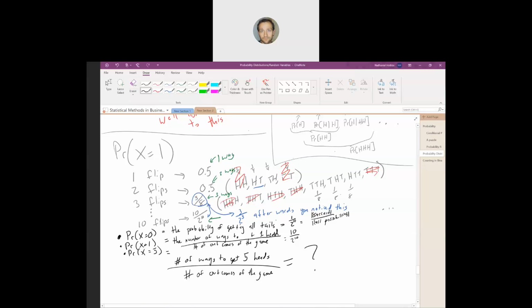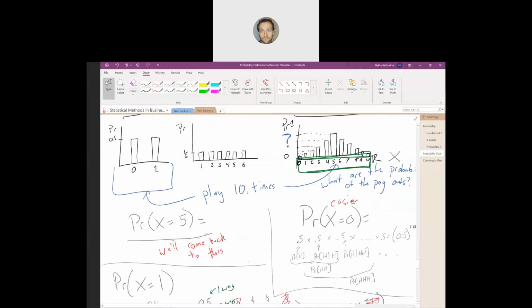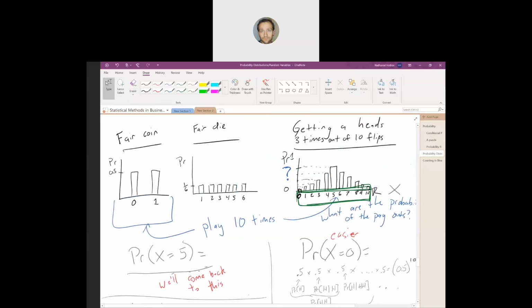So right now, I'm motivating how to actually calculate the height of each of these bars. We did the easy ones. In this case, the easy ones were the small ones. So we already have the probability for x equals 0, which is equal to the probability that x equals 10, because the probability of getting all tails is equal to the probability of getting all heads for a fair coin.